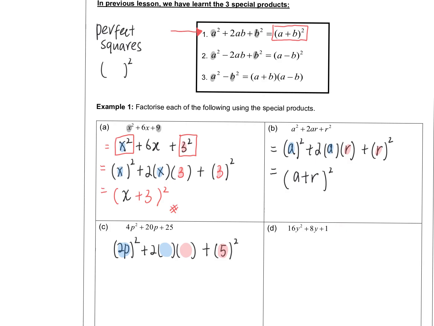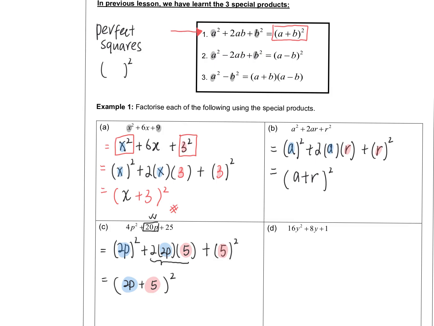So if I follow through, this is 2p, this is 5. Can you check that this is 20p? So it's correct, right? It's the same thing. Then what should my factorized form be? What plus what squared? (2p plus 5) squared. So if you can break it backwards, then you can factorize it almost immediately.